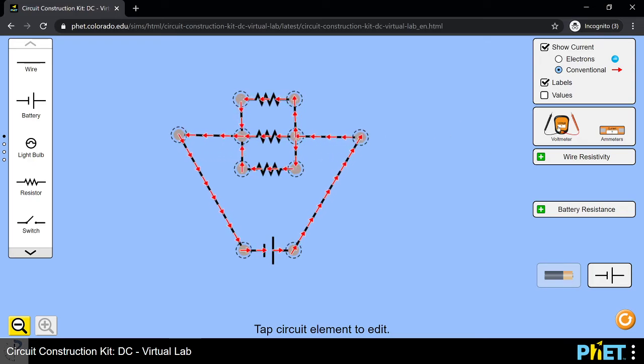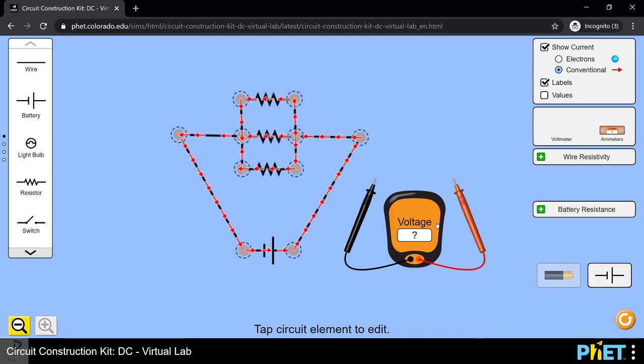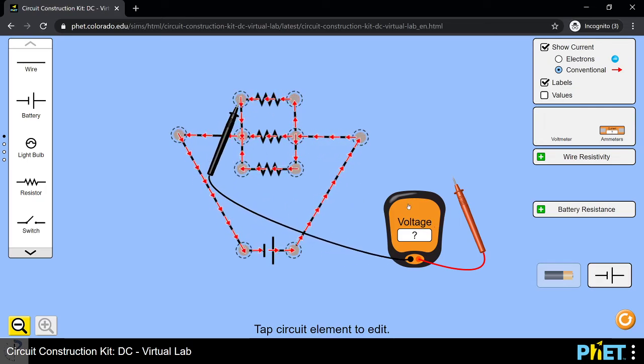All right, similar to the last lab, let's go ahead and pull out our voltmeter. Use your probes at R1, R2, and you can find the voltages. Okay. Now, if you want to do R12, it would be at the start of 1 and then the end of 2.